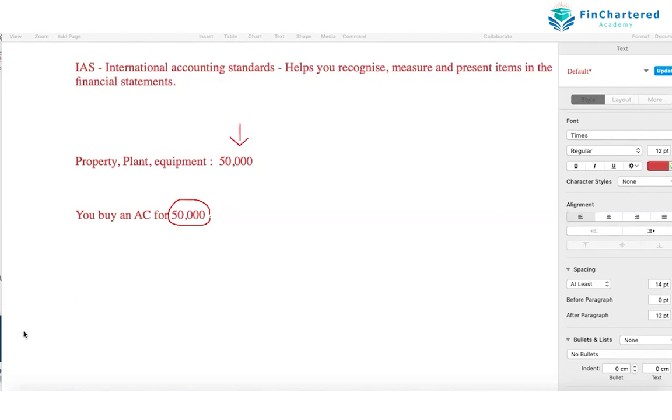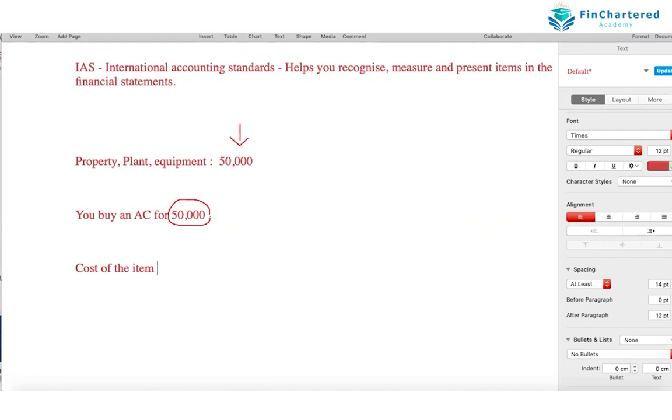So the cost of the item would be included in the measurement. The cost of purchasing it and bringing it under working condition will be included.